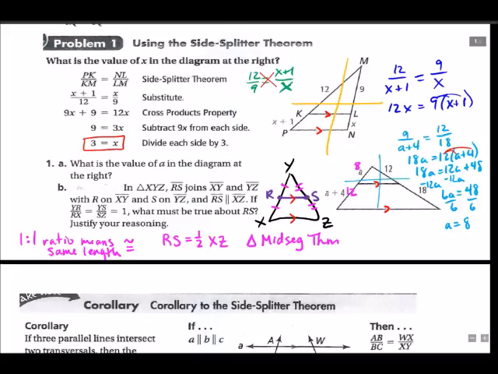All right, these were some fun little problems. The first one, we were given a triangle, wanted to know the value of a. The line is parallel to one side of the triangle and intersects the other sides of the triangle, which means they are proportional.